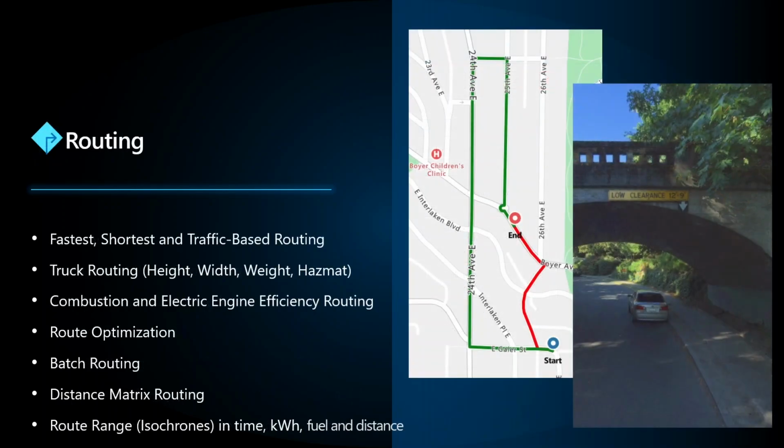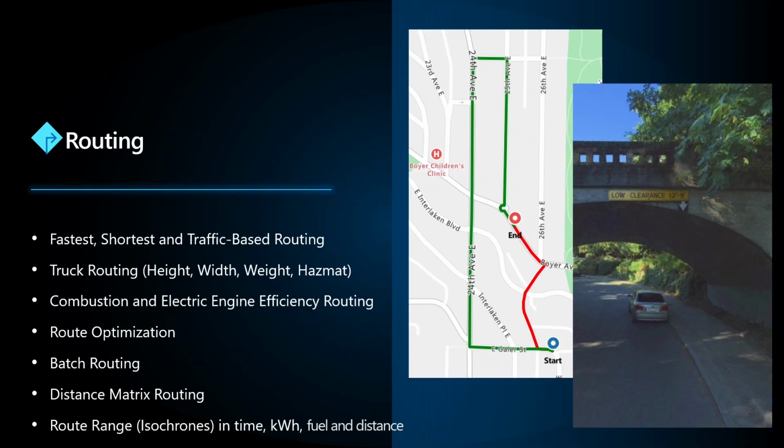I already talked a little bit about routing. We do routing from point A to point B, but you can have multiple stops, and then we can even optimize the best route for, let's say, 25 points in your route if that is needed. We do routing not only for cars but also for trucks.